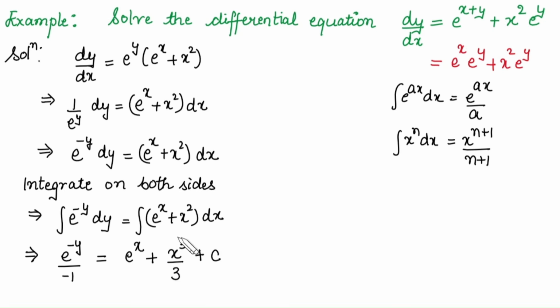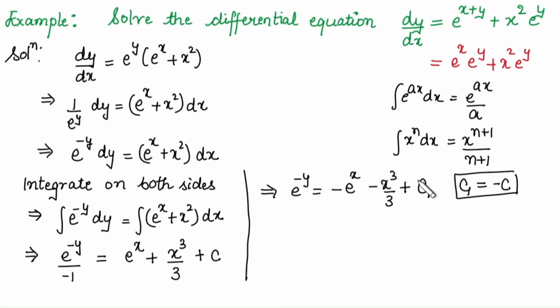Now take this negative sign on the right hand side. This results e raised to power minus y is equal to minus e raised to power x minus x cubed by 3 plus constant. So here we can take minus c as a new constant, let's suppose c1, or we can also rewrite it as c because a constant can absorb the negative sign. Now taking anti-exponential, that becomes the log.